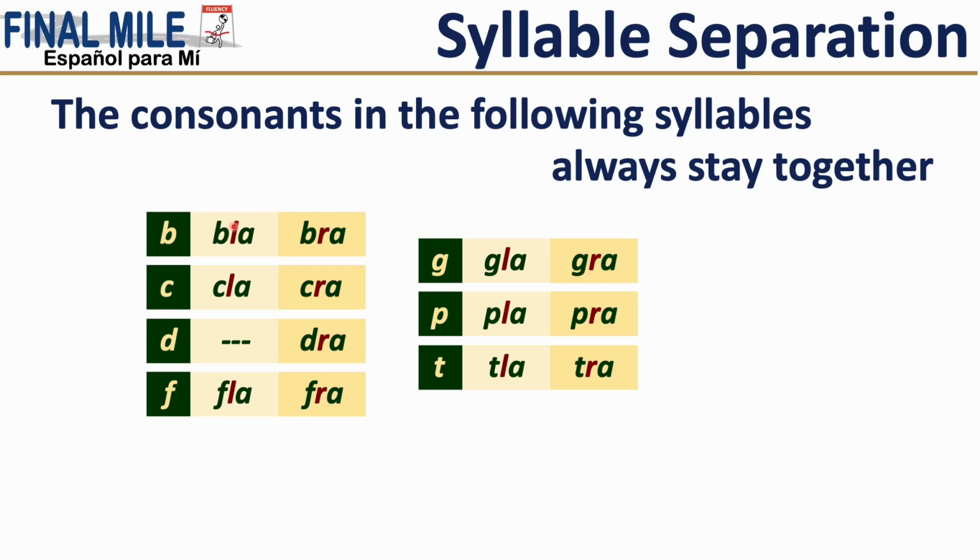Okay? So remember, the basic syllables with an L or an R in between, okay? The D doesn't get one, okay? And this includes all the consonants in the alphabet up to a G. B, C, D, F, G, plus P and T. These are the compound syllables.